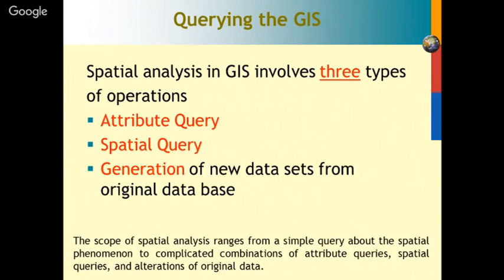Now we'll see in spatial analysis tools how we actually use those attribute and spatial data sets to achieve different spatial requirements. Generally, in spatial analysis in GIS tools, the classification is done in three different categories: attribute query, spatial query, and in some cases, we generate additional information, so generation of a new data set is also possible. Attribute queries and spatial queries work on specific data sets and don't create any new data sets; rather they work as a filter.